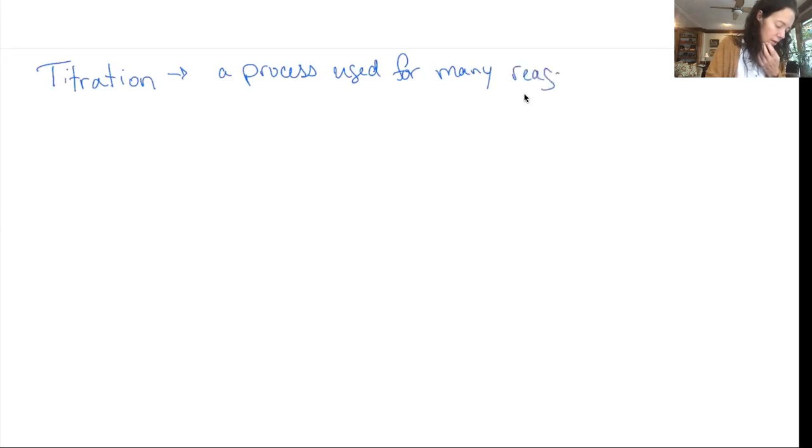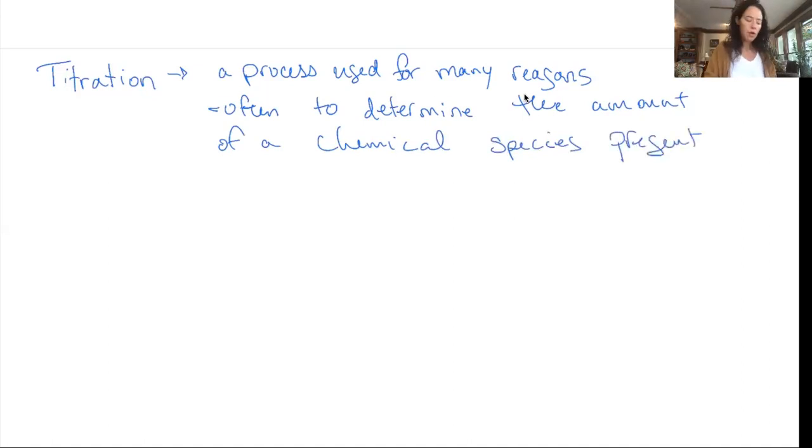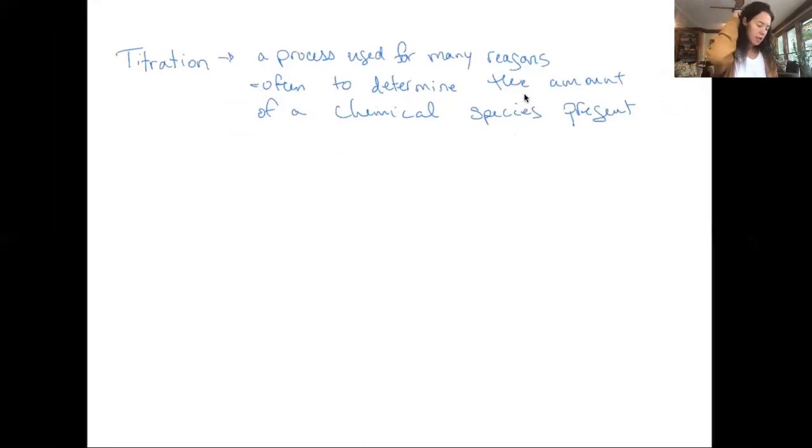And one, often to determine the amount of a chemical species present. All right. So a titration involves a burette.